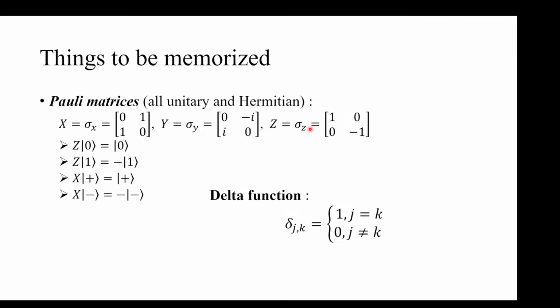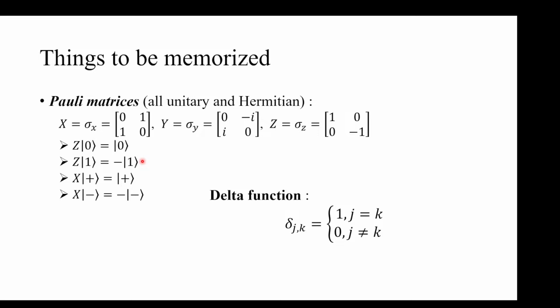We also know the eigenvectors of the Pauli matrices. The eigenvectors of the Z matrix are just the computational basis states 0 and 1. Z acting on 0 gives 0, and Z acting on 1 gives a minus 1 phase times 1.